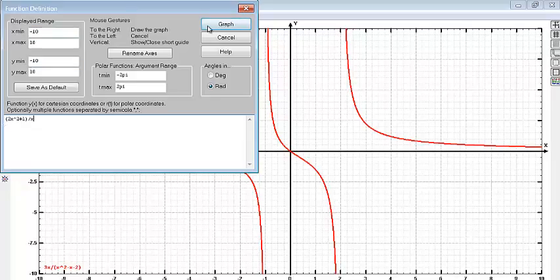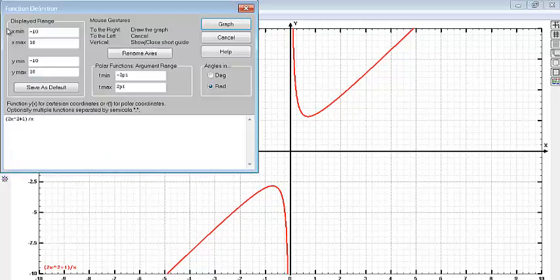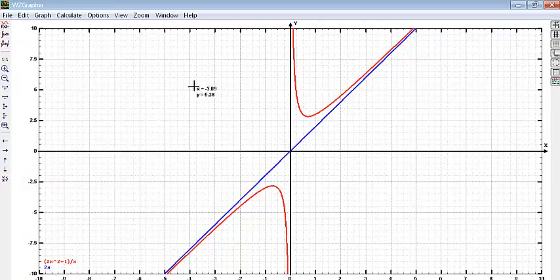Graph it. Here you go. If we plot the line y equals 2x, so just put 2x in there, you'll get that. And you can also see if I go over -1, 3 and +1, 3, it's not quite the minimum, but it's pretty close to it.